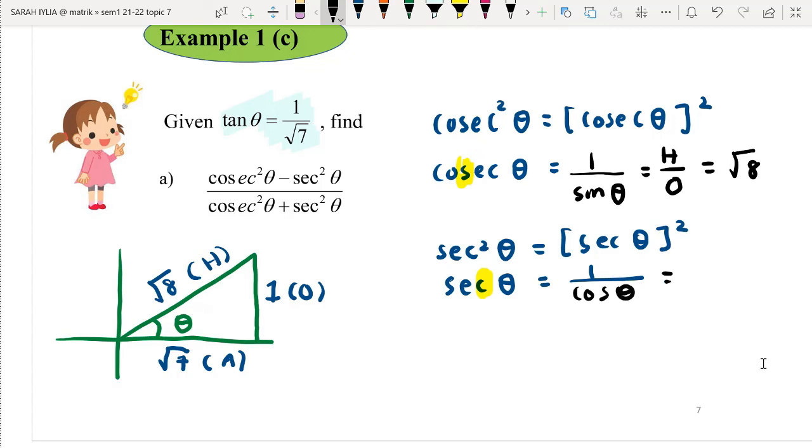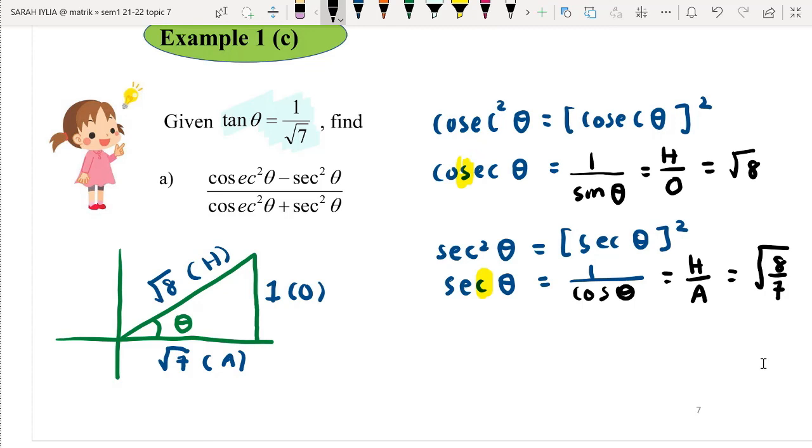So flip over cos theta, we get hypotenuse over adjacent. From the triangle diagram, we get this as root of 8/7. Saya satukan terus root tu. Ingat pakai root properties, root 7 divided by root 8. Root 8 divided by root 7, terbalik pula. Okay, would be root of 8/7.